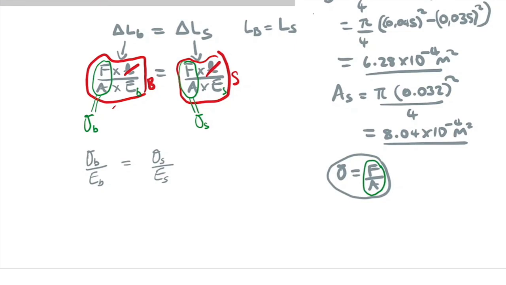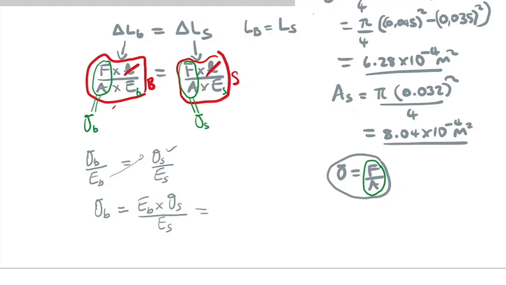Then let's leave the stress of the brass on this side. The stress of the brass is equal to, then we cross multiply, the Young modulus for the brass times the stress for the steel, then divide by the Young modulus for the steel, like this.